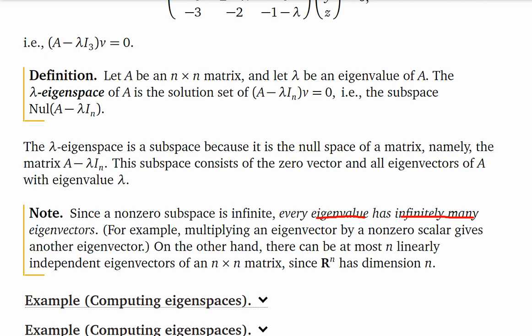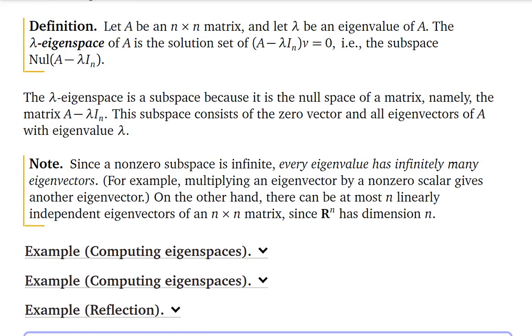And so it's important to know that the eigenvalues are distinct. They're unique. There's just one for each of those eigenvalue-eigenvector pairs, but for the eigenvectors, there can be lots of them. Definitely you should look at these examples of how to compute the eigenspaces.